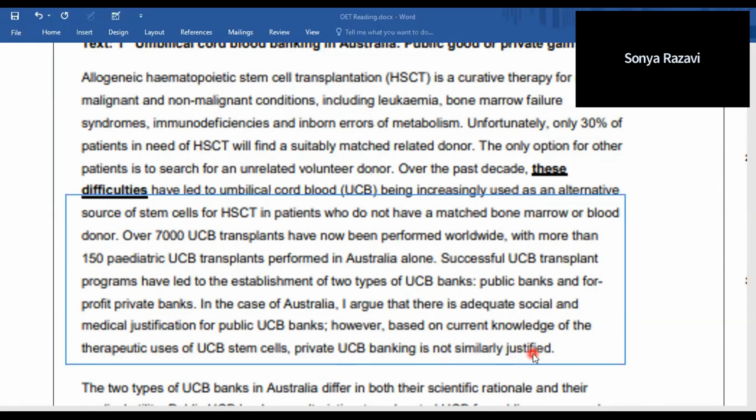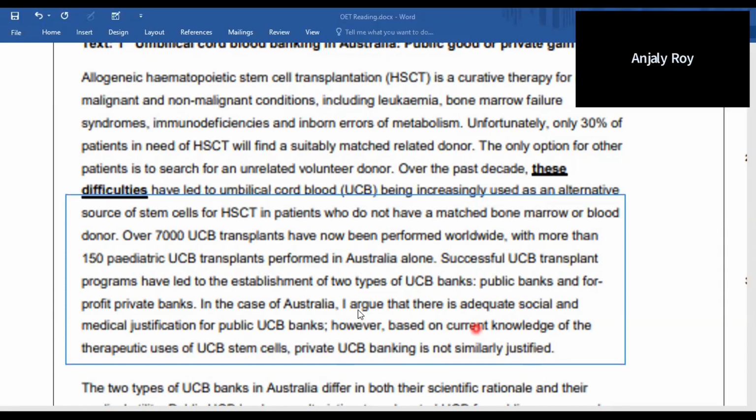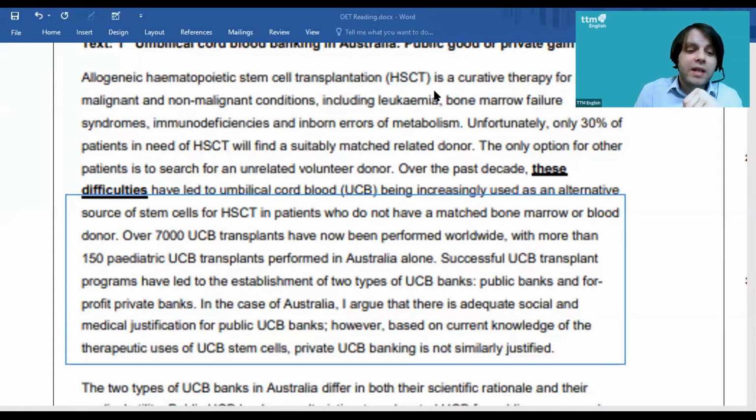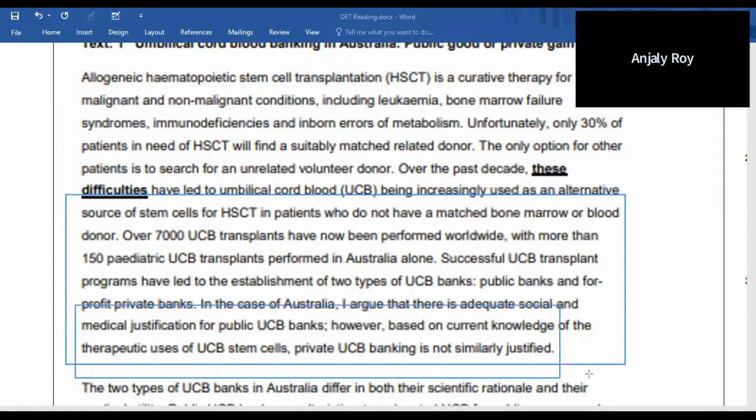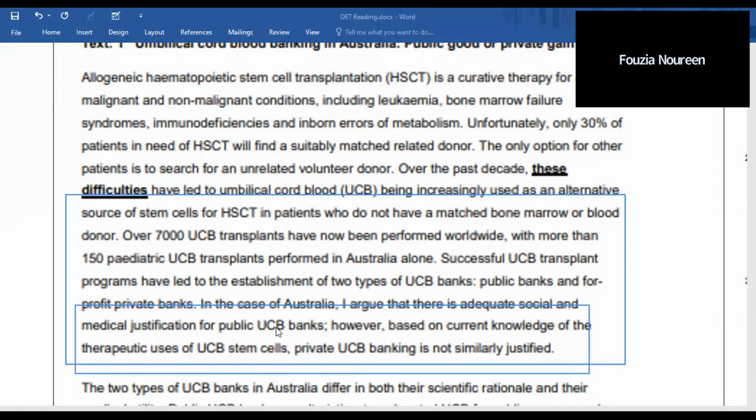Now, before I look at the options, I am going to just think, what will be the argument? Well, it seems like there's an argument here. Can anyone tell me what will be the argument of the author, the person who is writing? It's about the practical use of UCB private stem cells. What does it mean about the banks? Public banks, are they justified?